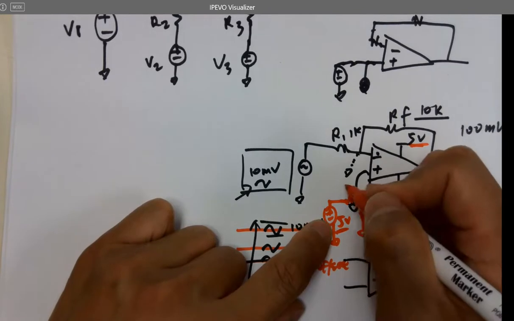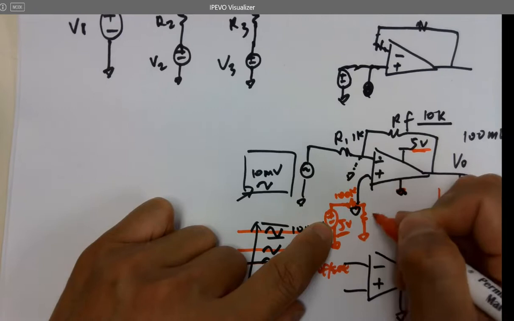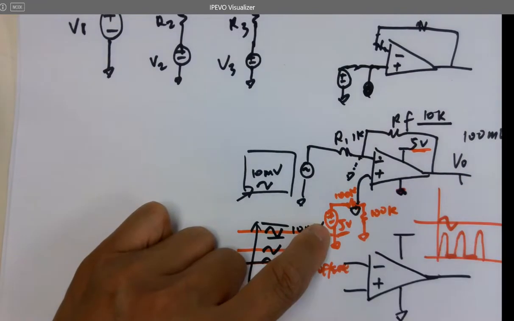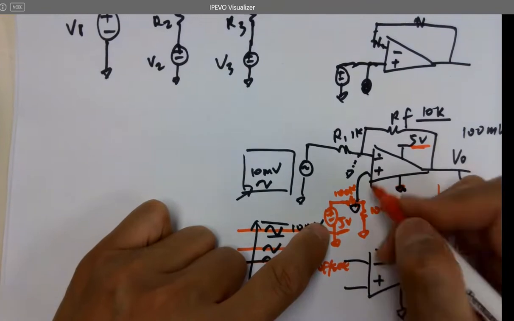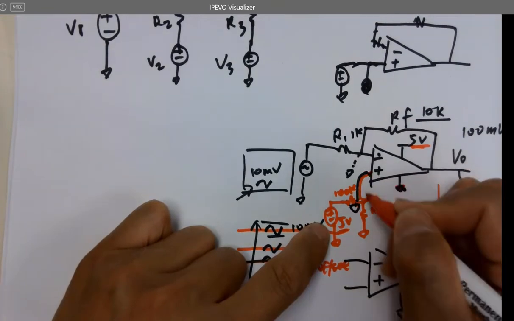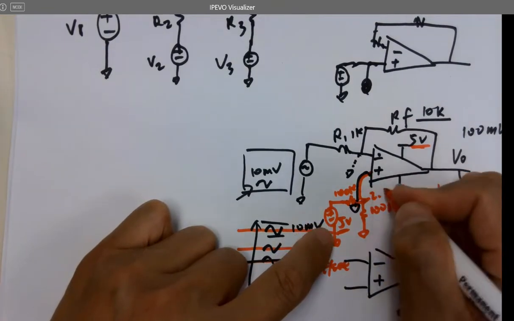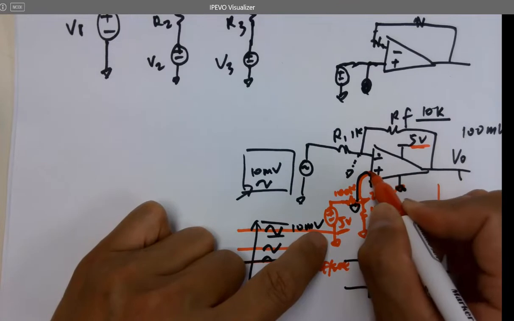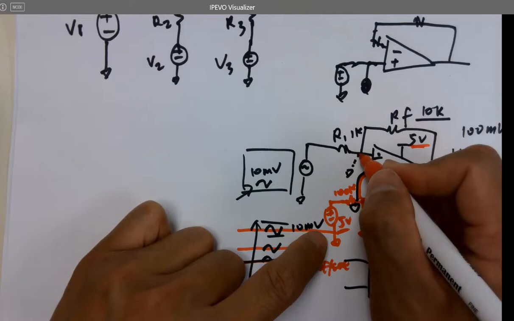Then you have 100K, 100K to divide, now it comes to the voltage divider, right? So what's the voltage here? 2.5 volts. So if you put a 2.5 volts here, what will the DC voltage here be?